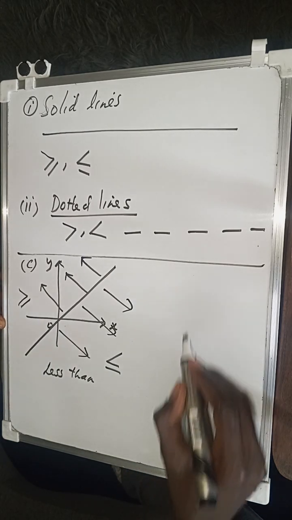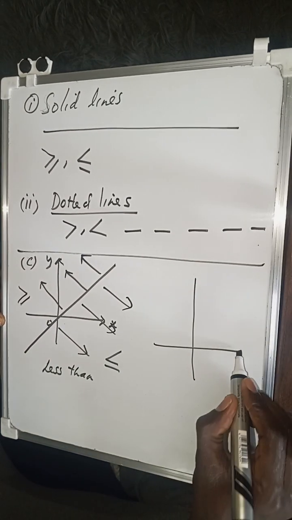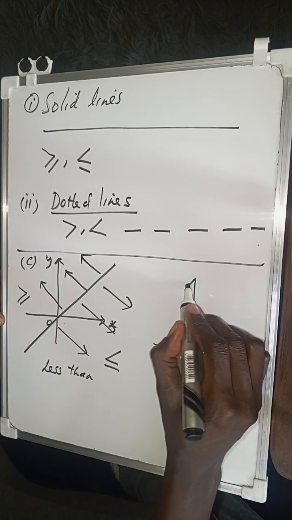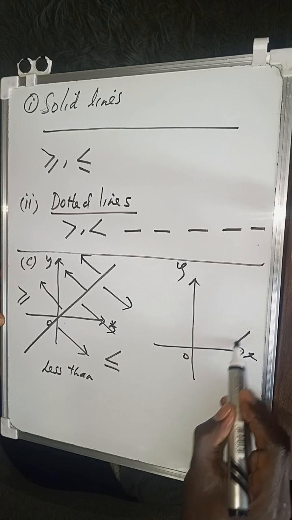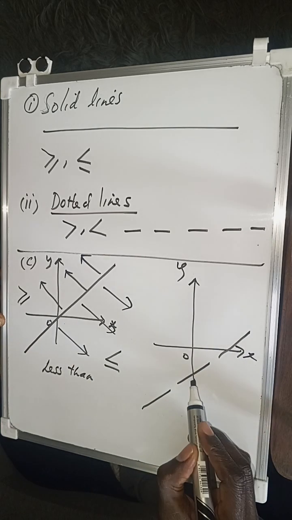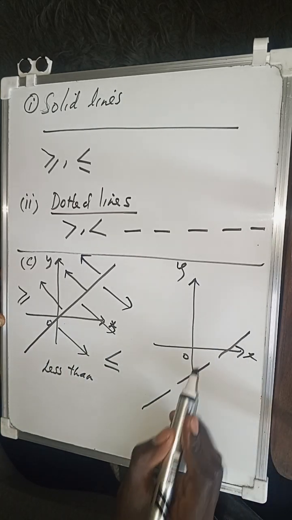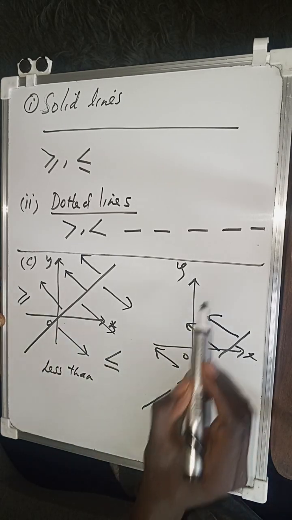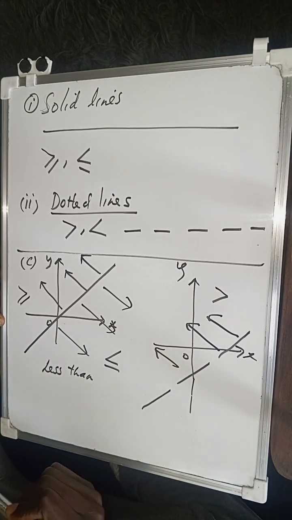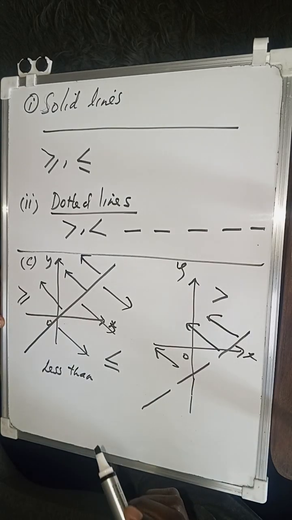At the same time, if I still have a line on the x-y plane, maybe passing down here, but this time the line is a dotted line. Still, going up is simply greater than. So you are still going to use your inequality sign greater than.